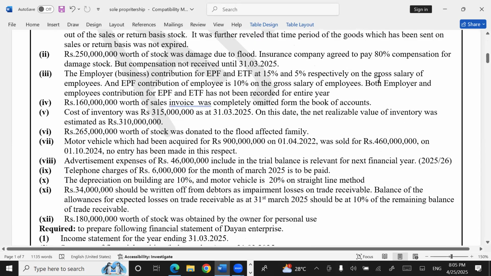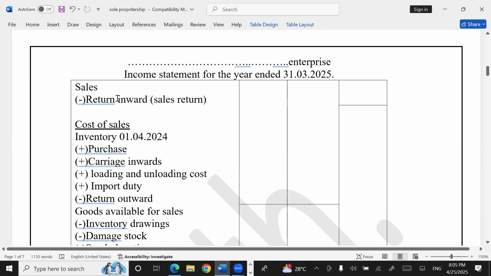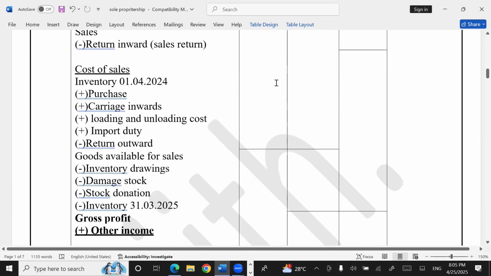First, draw the format like this. This is the way you have to prepare the format. Income statement: sales minus sales return. Then cost of sales calculation. Cost of sales composition: opening stock, plus purchases, plus carriage inwards, plus loading and unloading cost, plus import duty, minus purchase return.